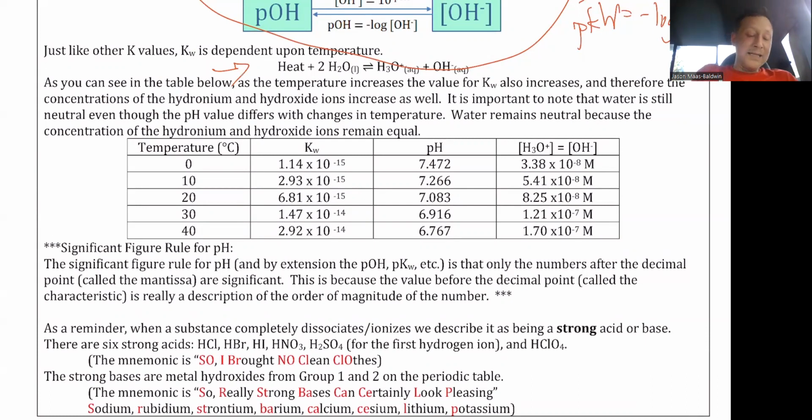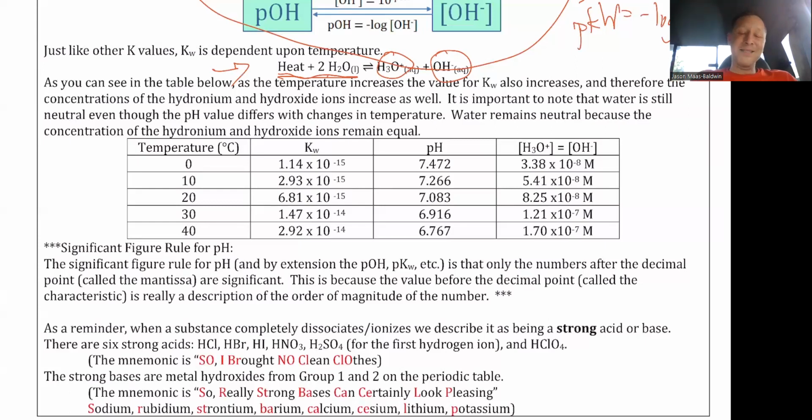So if you know that it's an endothermic process, that means that as we heat water up, more of the molecules are going to dissociate. So the concentration of both H3O plus and OH minus goes up, which means pH and pOH, as you increase temperature, both go down.